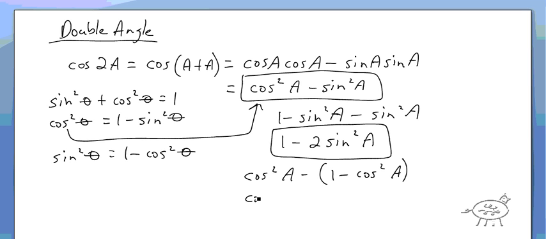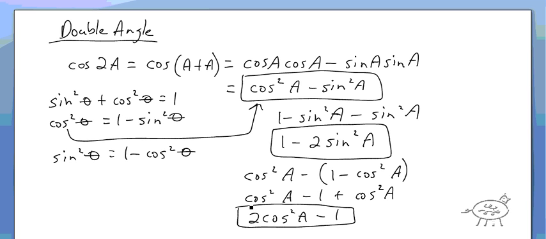And I distribute the negative, minus 1 plus cosine squared of a, and I simplify it finally as 2 cosine squared of a minus 1. That is also another one of the identities. So there are three separate identities for cosine of 2a.